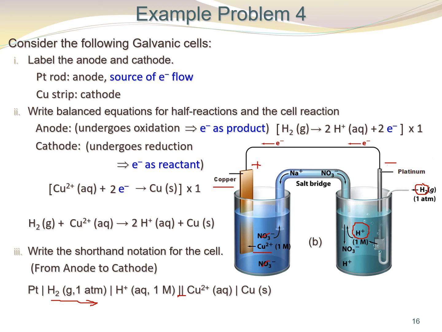And this is where we see the cation migrates towards. And speaking of writing the shorthand notation, remember we always start with the electrode, start with anode, end with a cathode. Once we finish the anode chamber, we need to write 2 straight lines to represent the salt bridge before we go to the cathode chamber.